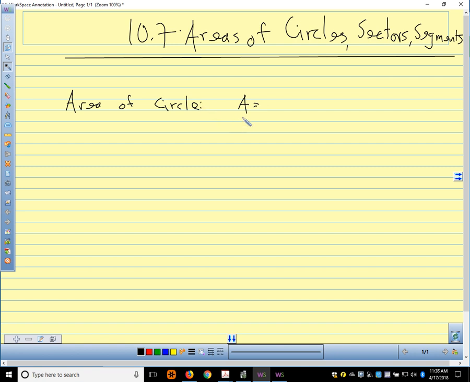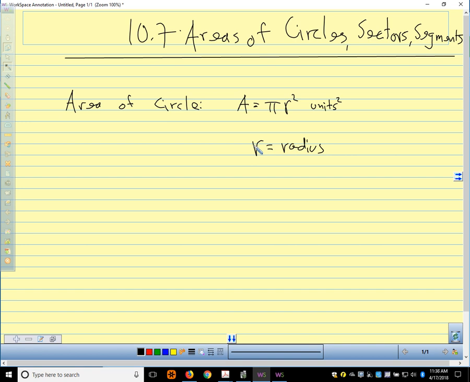How do we find the area of a circle? Pi r squared. And our units are square units. And r is the radius. And we've worked with this formula before, so I think we should be good.